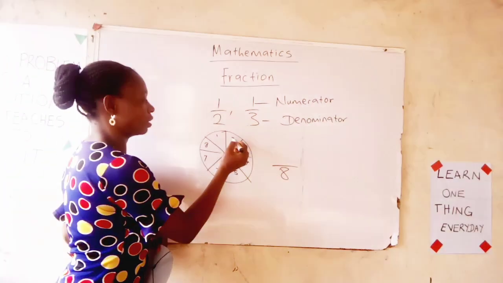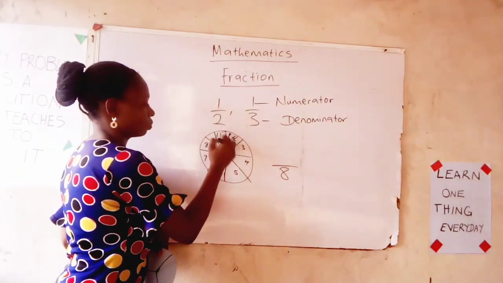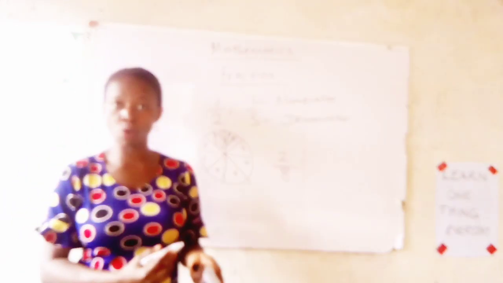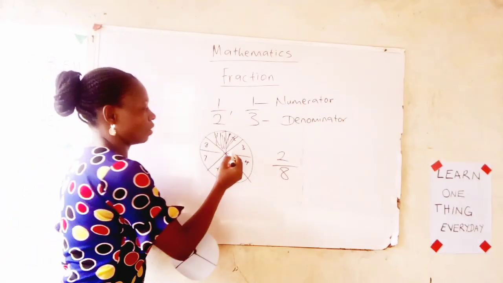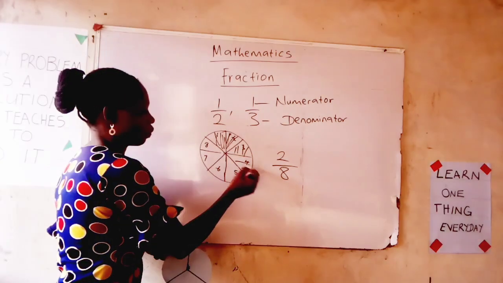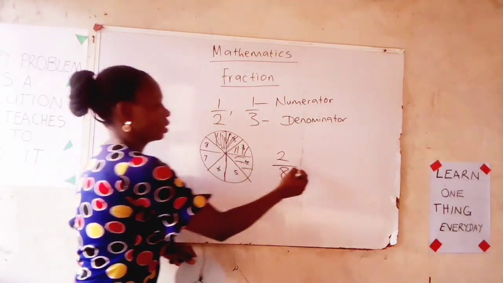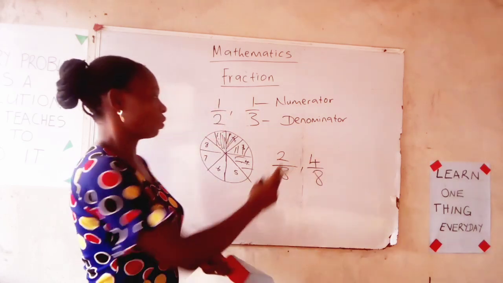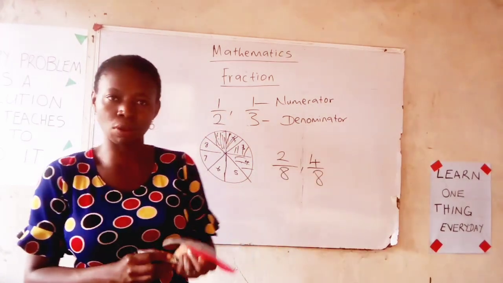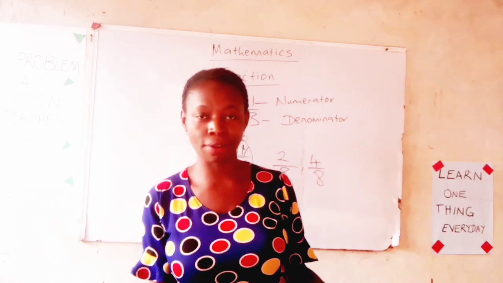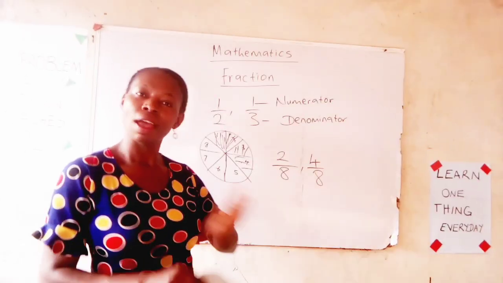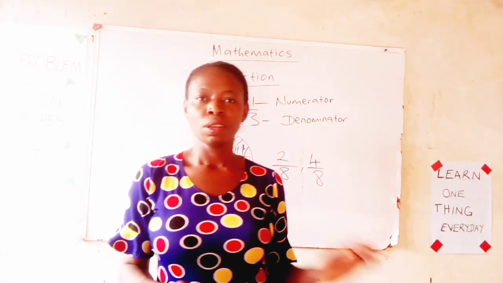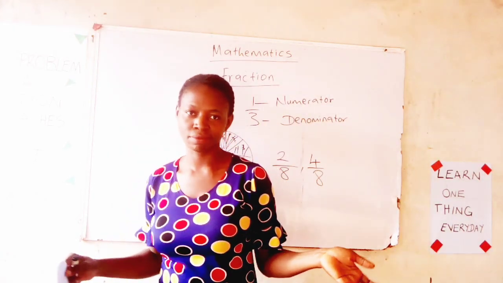If you are giving these parts, 2, the fraction becomes 2/8. If you are giving 3 parts or 4 parts, 1, 2, 3, 4, the fraction becomes 4/8. So 4/8. Numerator tells us how many parts you have, while the denominator tells us how many parts the whole is divided into.